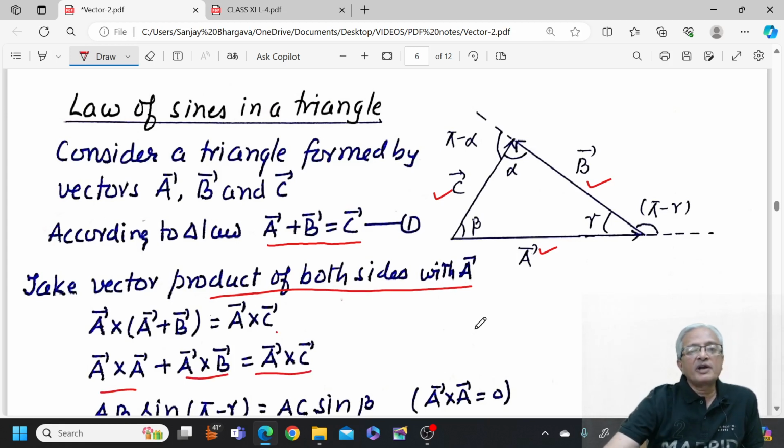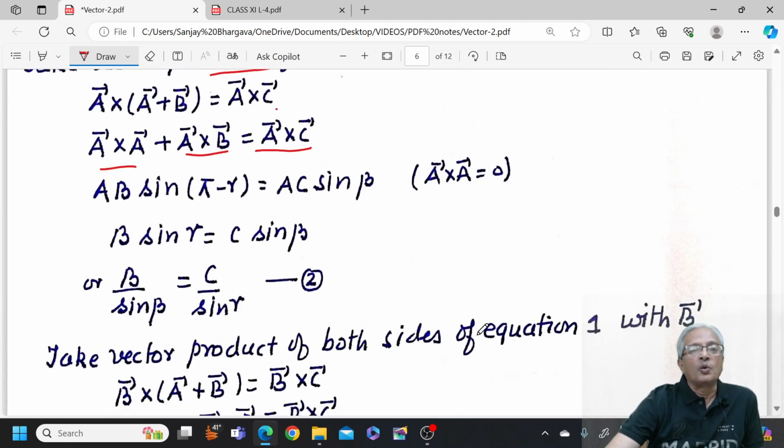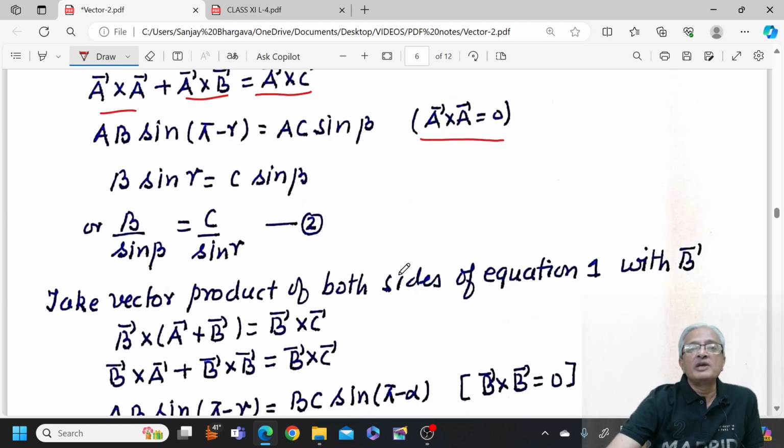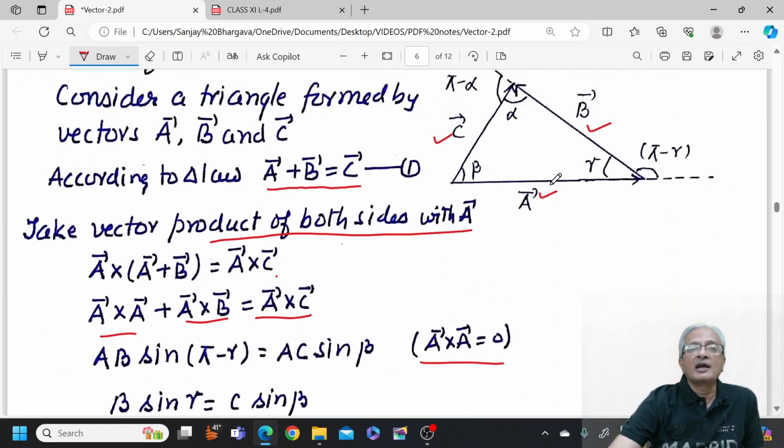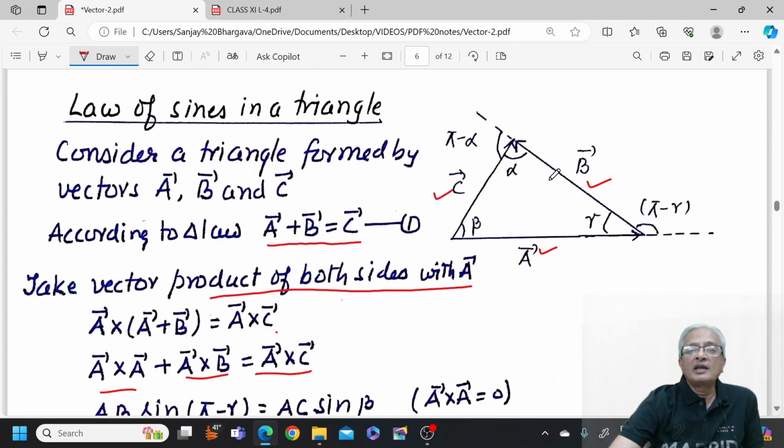The cross product of a vector with itself is always 0. So here we write A cross A as 0. Now when it comes to A cross B, I need the sine of the angle between them. This is A and this is B. The angle between them is 180 minus gamma. Between A and C, the angle is beta.